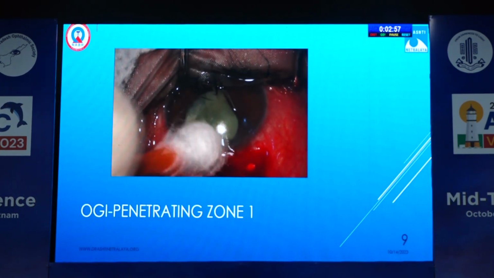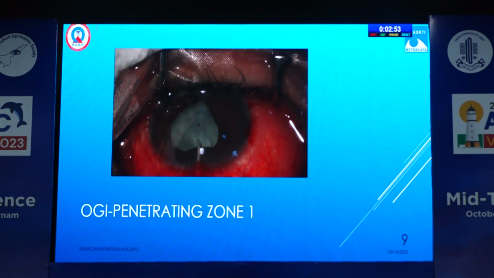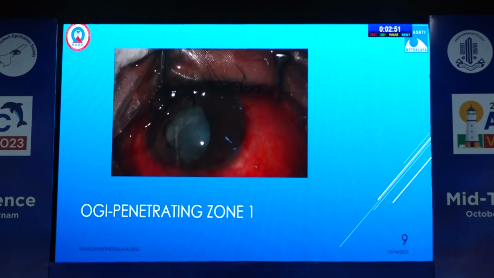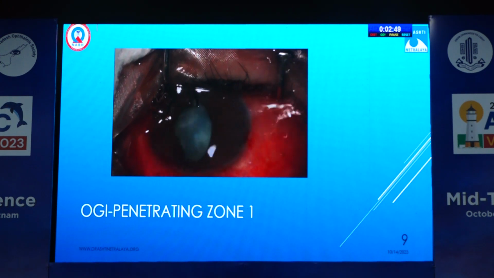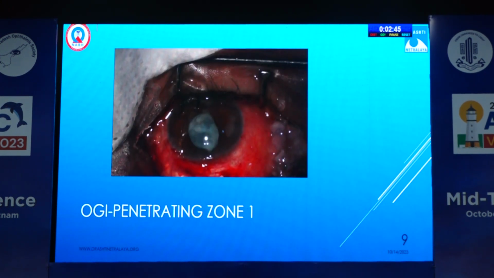This is another case of open globe injury. We always thought of a lens abscess. The patient was taken for traumatic cataract surgery.